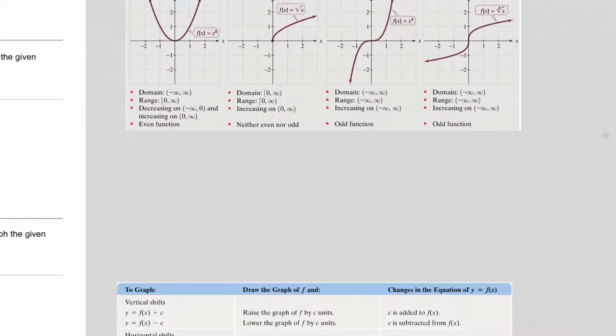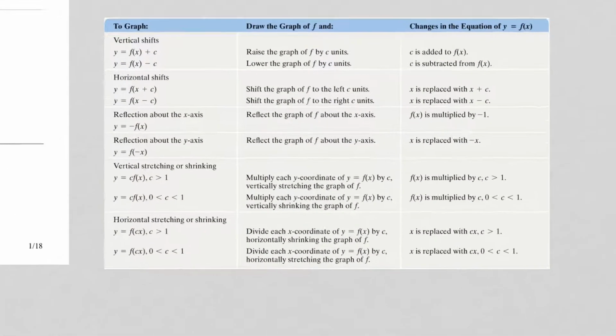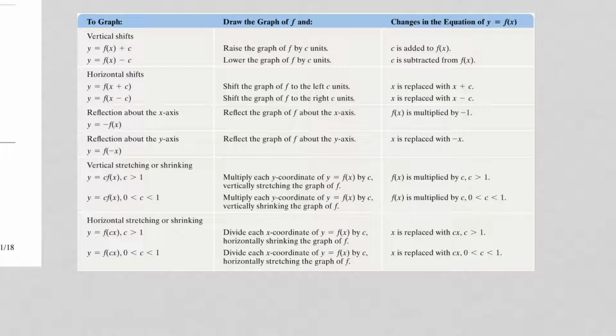Next, we have our shifts, our transformations. We have shifts, we have reflections, and we have vertical and horizontal stretching and shrinking. So this is a lot of information, so let's just quickly run through this.